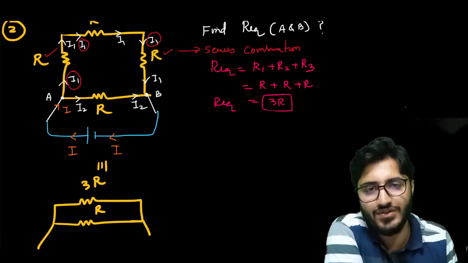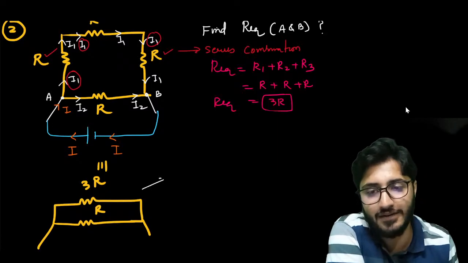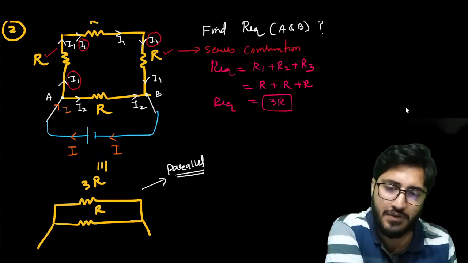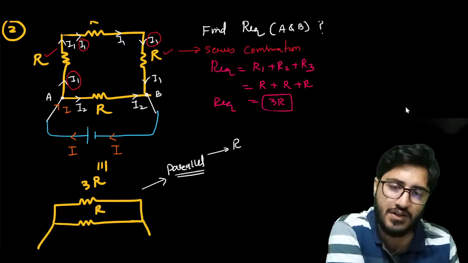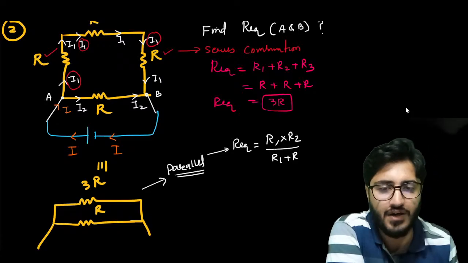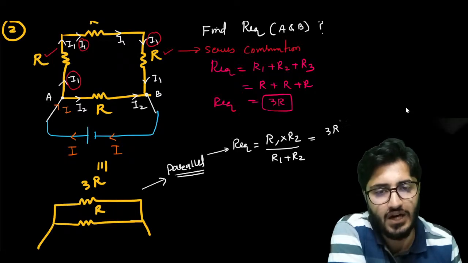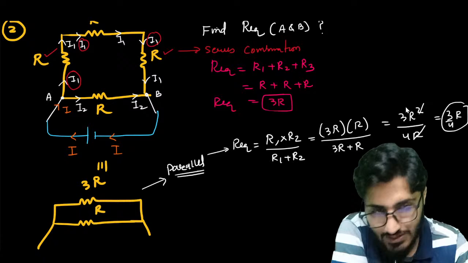So now these two are connected in parallel combination. For parallel combination, R equivalent is R1 multiplied by R2 whole divided by R1 plus R2. So what is R1? It is 3R multiplied by R whole, divided by 4R. It's 3 by 4 R.